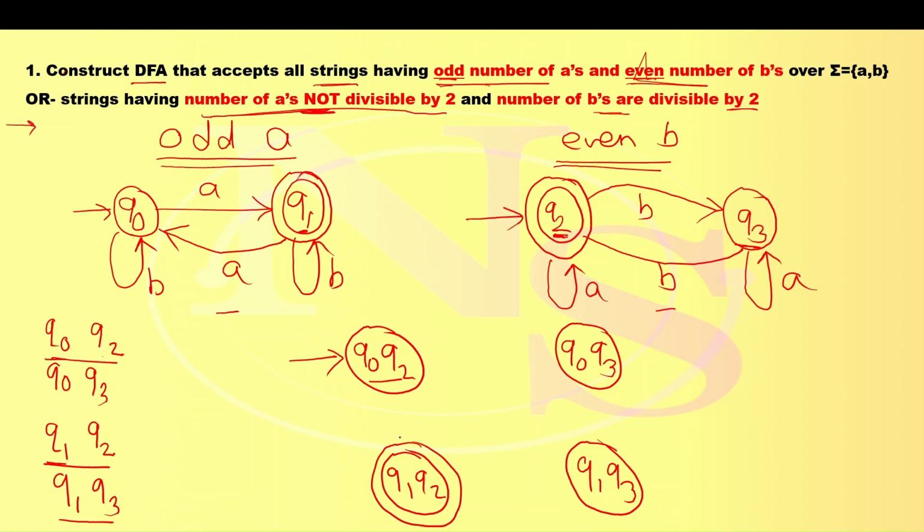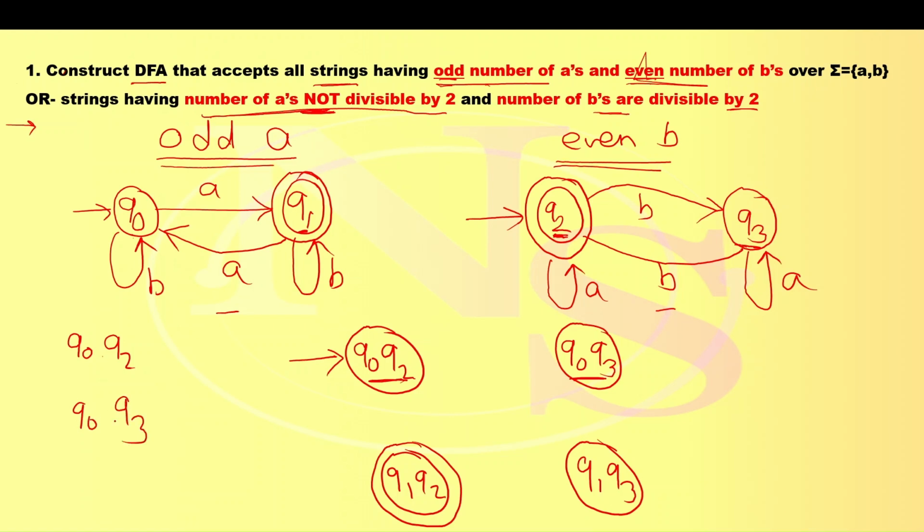Now the next point. The way we have merged the states, similarly we can find the transitions between these states. For example, take the first state Q0 Q2, write it. I want to find the transition between Q0 Q2 and Q0 Q3. So write it like this, Q0 Q3. What is the transition from Q0 to Q0?